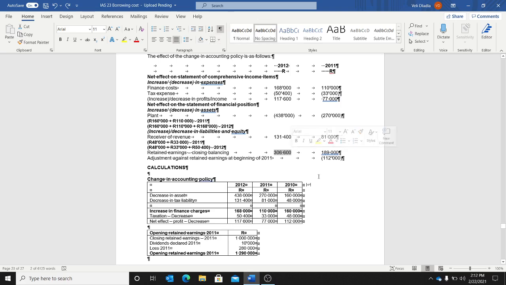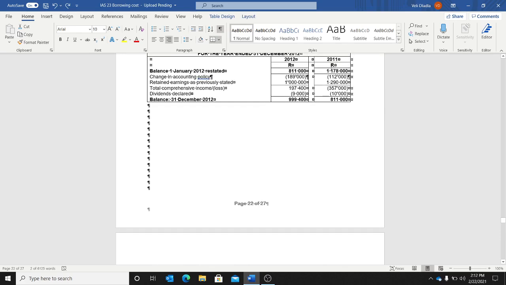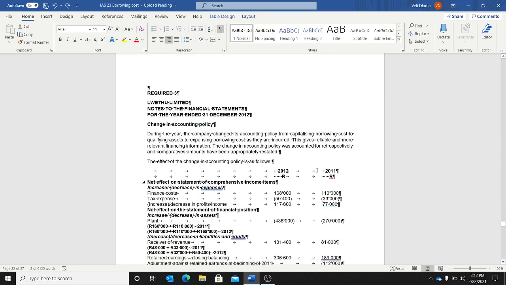Here it is. Right. Then you must always show us this amount, the adjustment, meaning the amount that you are using to adjust retained earnings in 2011, which is this one here, which ties to what you see also here. Right, it ties to what you see also there.